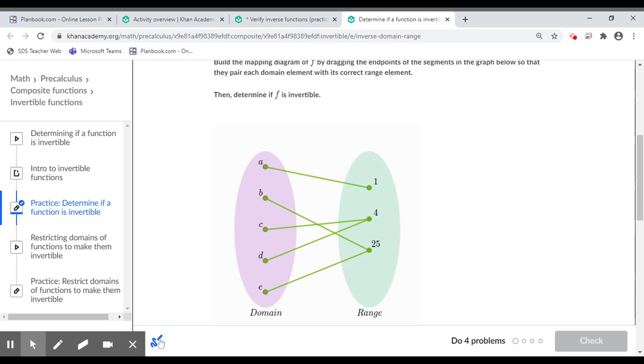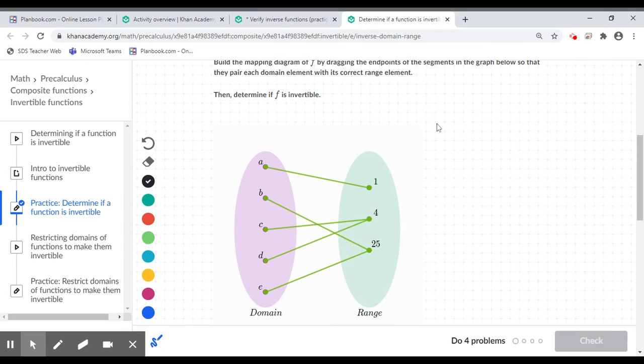All right, so here's the way we interpret whether or not it is invertible. Take a look over here at the second circle. Let's start from there. Let's say I asked you, go to number 1. Where did this come from? Well, you could answer 1 came from A. What if I say go to 4? Where did 4 come from? Go back to where you began. Well, there are two different answers here.